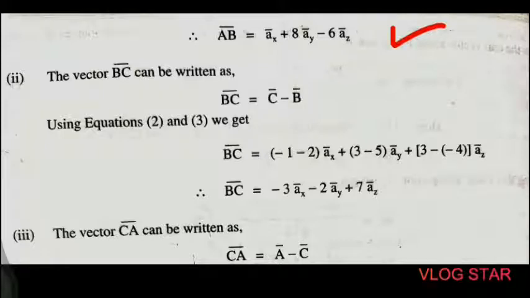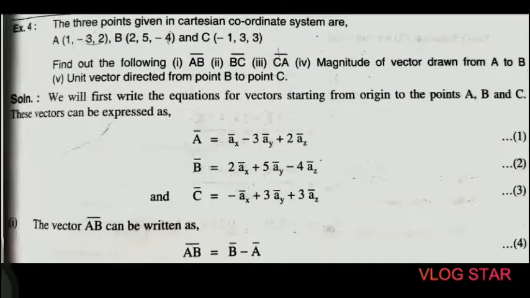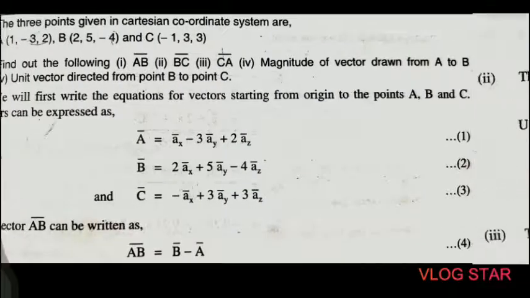Second, calculate the vector BC bar. Again here B is the starting point and C is the ending point. So BC bar vector is given by ending point minus starting point, that is C bar minus B bar. We know the coordinates of C bar, that is -1, 3 and 3, and for B bar 2, 5, -4.